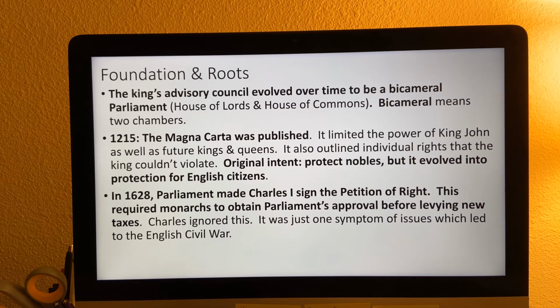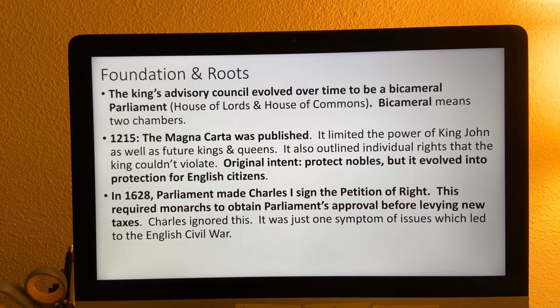And over time, the king has always had an advisory council, and over time that evolves to become a bicameral parliament. So remember, bicameral means two chambers, so two houses, right? So you have the House of Lords and you have the House of Commons, and that is still today the names of the legislatures in the British government and British Parliament.